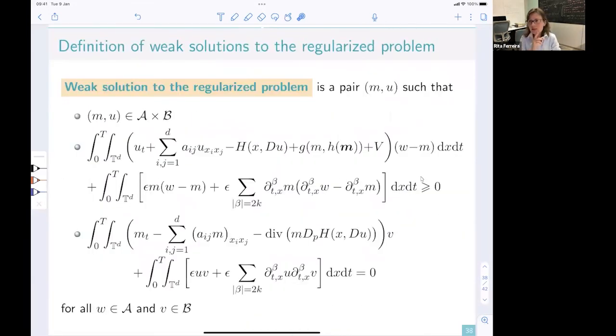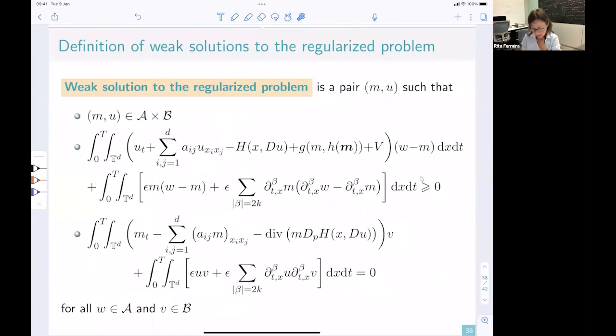So this is the definition that we consider for weak solutions to the regularized problem. We are now looking at the regularized problem, and it is a pair in our spaces, with regularity H to K. M has to be non-negative, and it satisfies the initial boundary condition at t equal to 0, and U is also in H to K and satisfies the terminal conditions. This is the set of such functions.